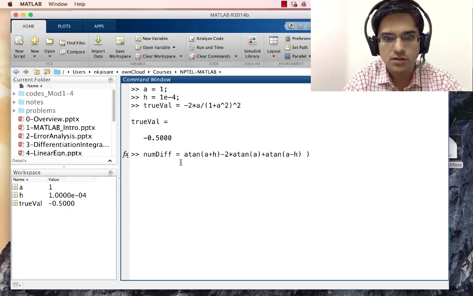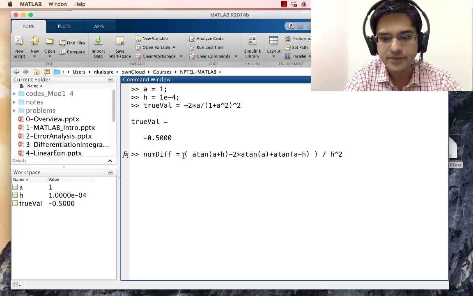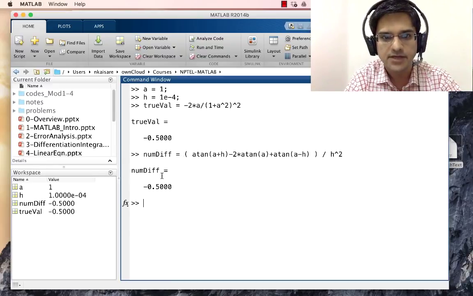Let's put this all in brackets divided by h squared. That's going to be our num diff, and num diff is approximately equal to minus 0.5.